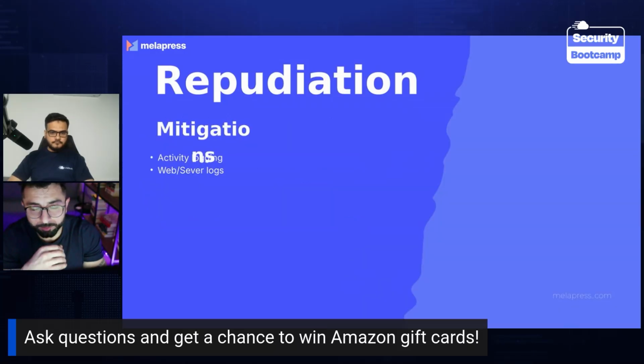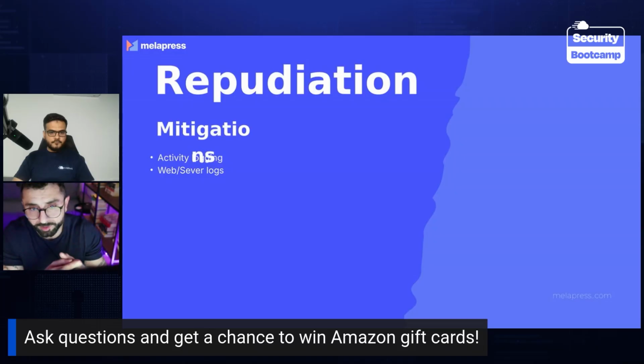So how do we mitigate these WordPress threats? Very important is activity logging, which keeps a record of when users log in and log out, the time, their IP, what they did, what they didn't do. This is done through a plugin. You can also have the plugin send you notifications via email or SMS when certain things happen.